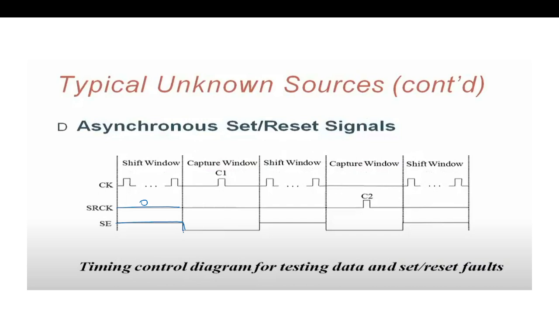We are shifting in the capture phase. We have captured the required value. So we will shift out the pulse. Now, if you want to test the set or reset circuitry, we will enable this. In this phase, SE should be 0. So the set or reset value could have been captured. So we have to shift out that pattern to the output. So we apply a 1 here and we shift out that pattern.